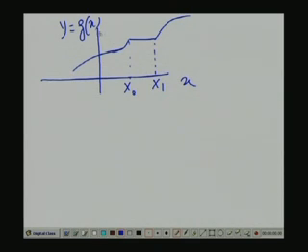Suppose you take your capital Y to be here, then your f y capital Y, what will that be? The total probability of x remaining less than or equal to this value. Okay.